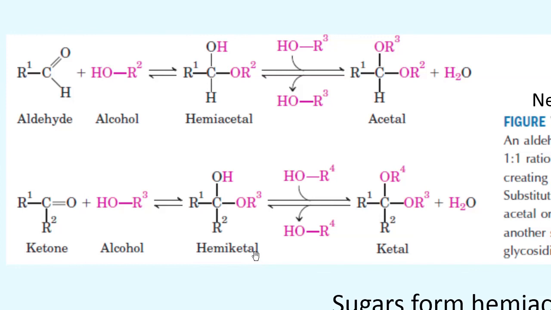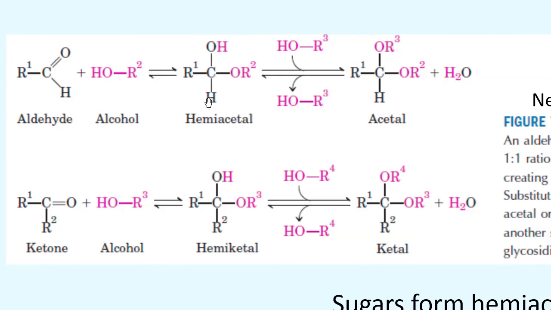The hemiketal also has a hydroxyl group. This can further undergo condensation to become a ketal. Monosaccharides exist in open chain and cyclic structures. When they form cyclic structures, their hydroxyl reacts with their aldehyde or keto group.